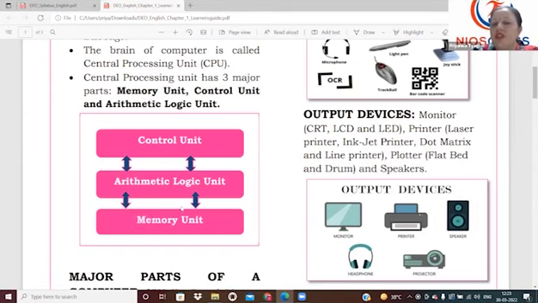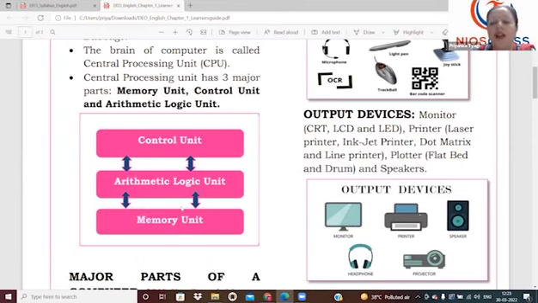Control unit provides you the way, or in itself it will accept all the data in a systematic way. There are so many types of devices that we'll discuss later on, but in this control unit, the computer will handle its control task. That means it will control the overall procedure of the work execution, data execution.